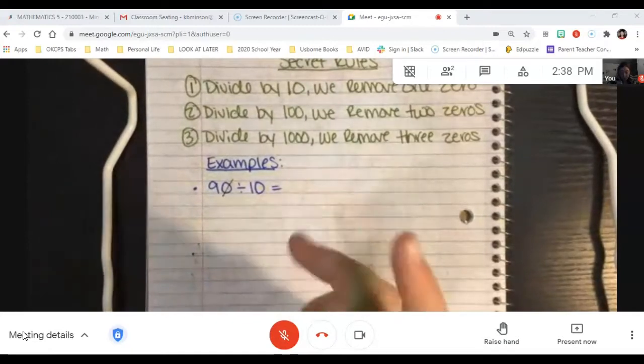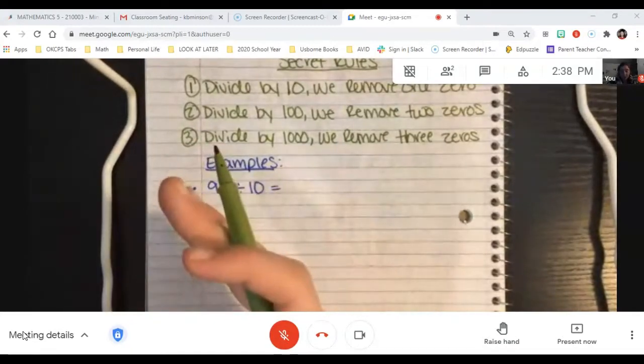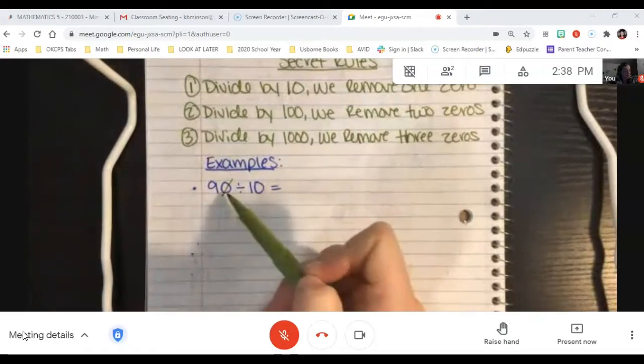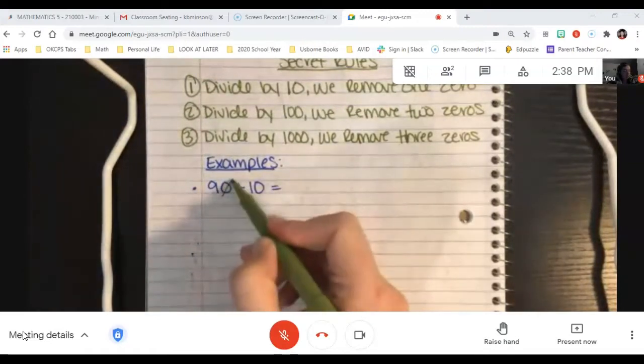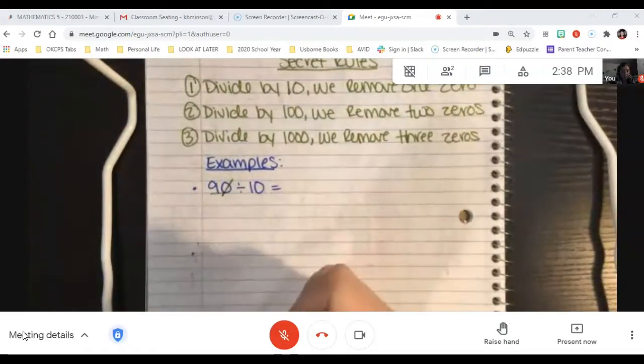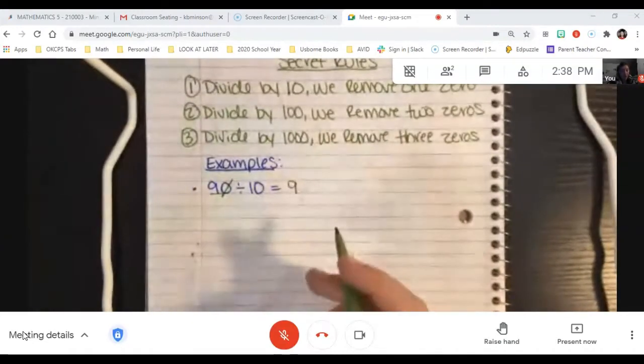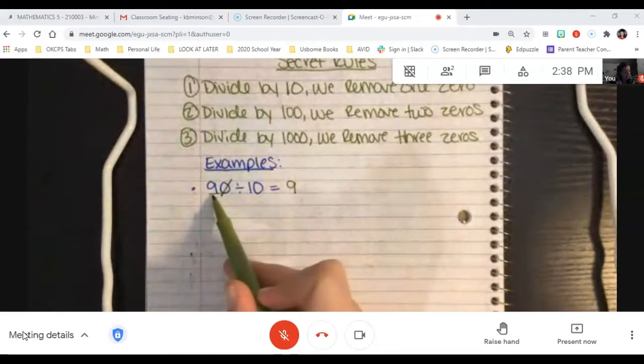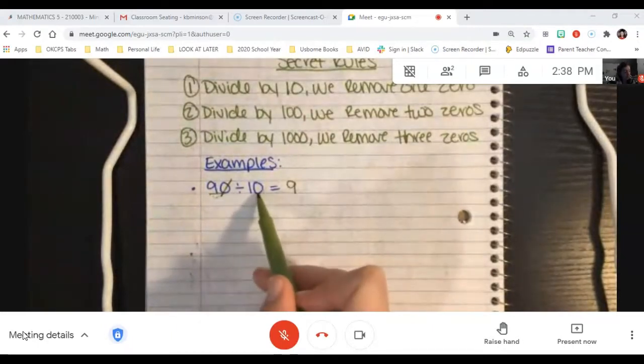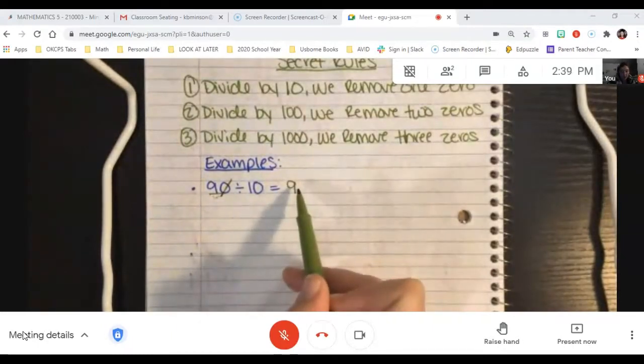We never remove a zero from the middle. So we remove that zero, and our answer is whatever is left over. Our answer is 9, because 90 divided by 10 is 9.